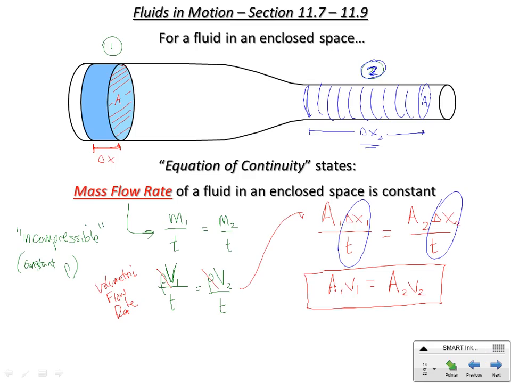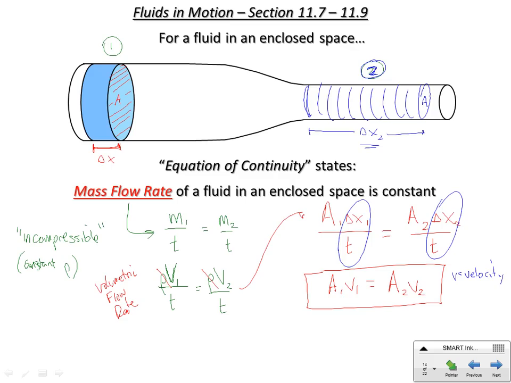We also define, here's yet another place where we're repeating a variable, Q, which is what we call volumetric flow rate. Let me back up. Delta X over t is velocity, very important. Notice small v is velocity, not volume.